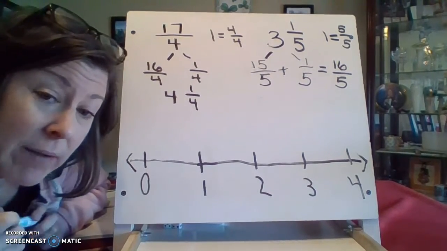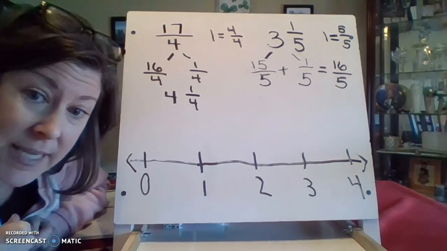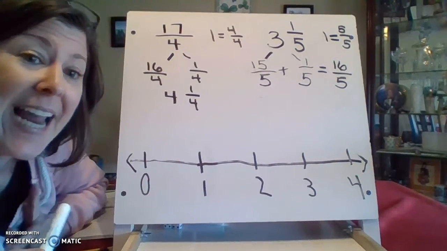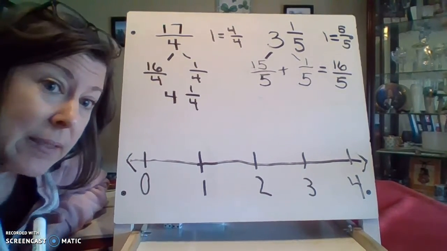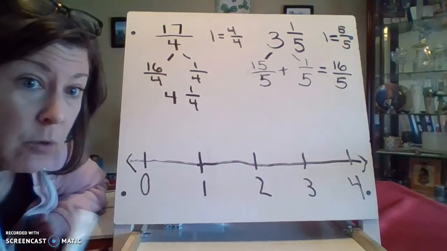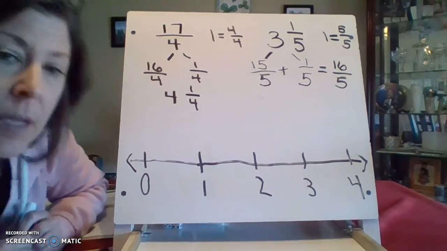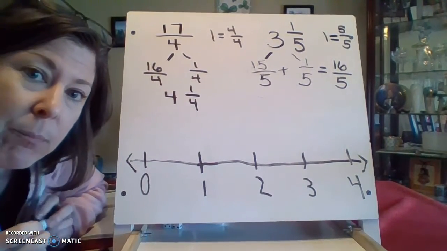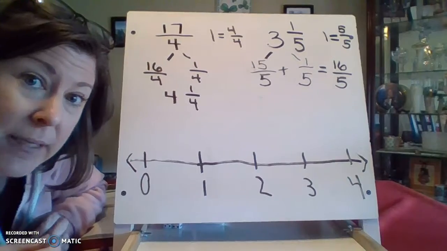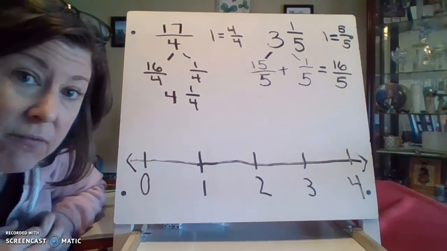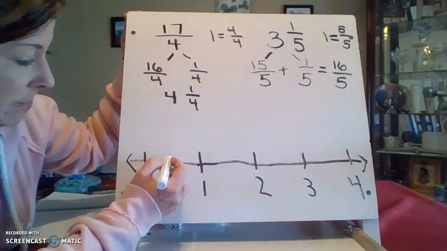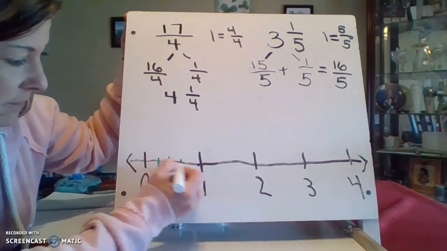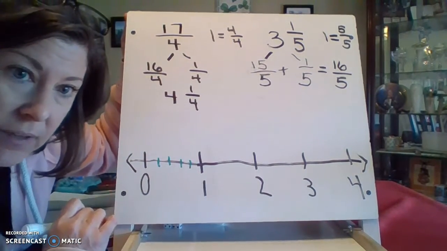All right, so I've got my number line set up. And because I have 3 and 1/5, I made my number line go from 0 to 4. Because I'm dealing with fifths, I'm going to partition my wholes, my number line, into fifths. That means in between 0 and 1, I broke it into fifths.